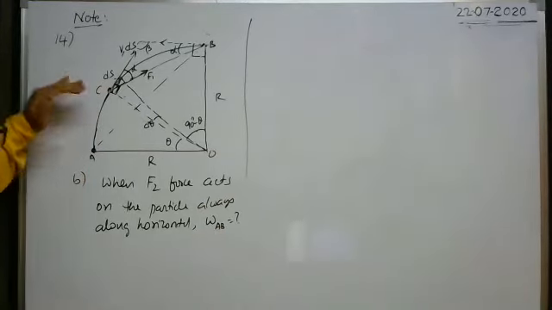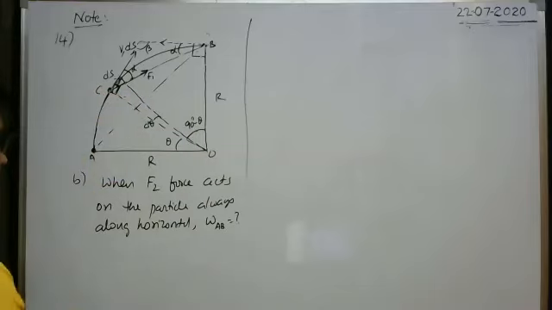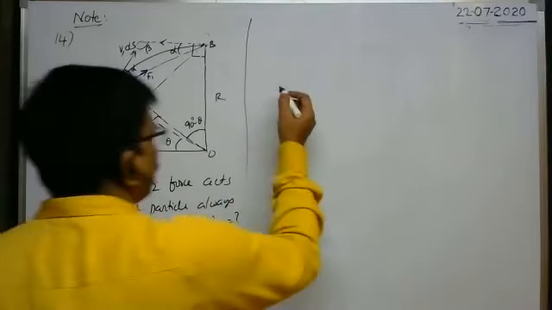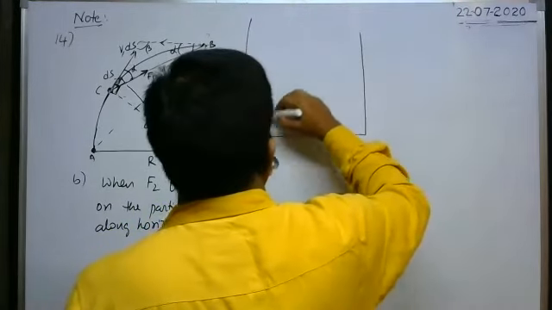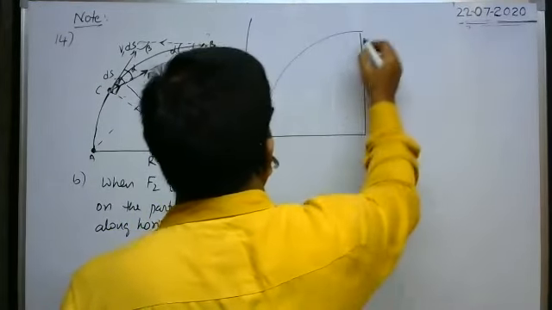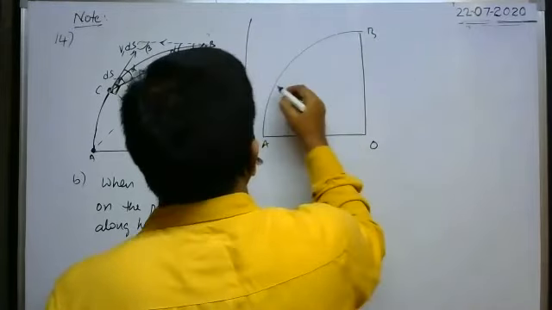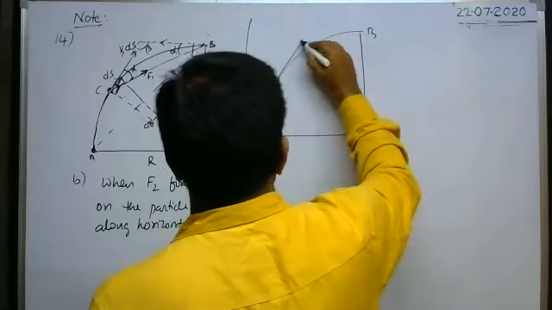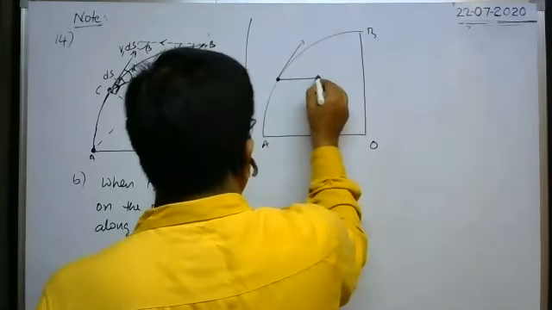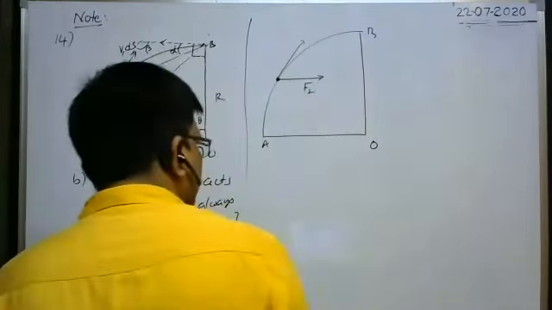When the force acts on the particle is always along horizontal direction, that means like this. Suppose when the particle is here, the direction of motion of the particle is in this direction, whereas the force acting on the particle is always along horizontal, like this.